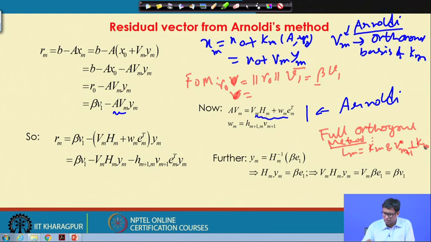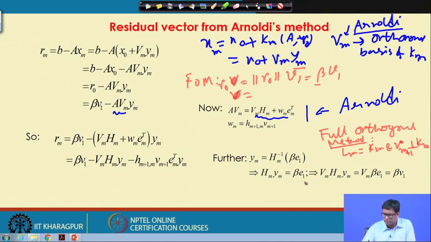So, using that we can find out, I have shown it in a few lectures before, Y m is H m inverse beta E 1. So, H m Y m, H m is the Heisenberg matrix, the part of the Heisenberg matrix which we have obtained in the last slide.